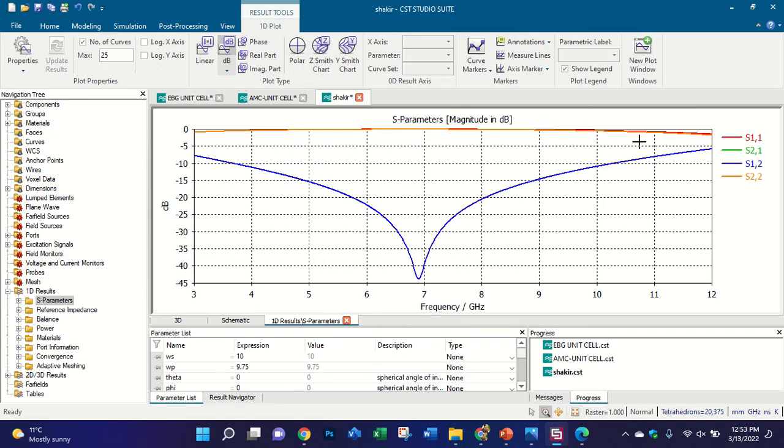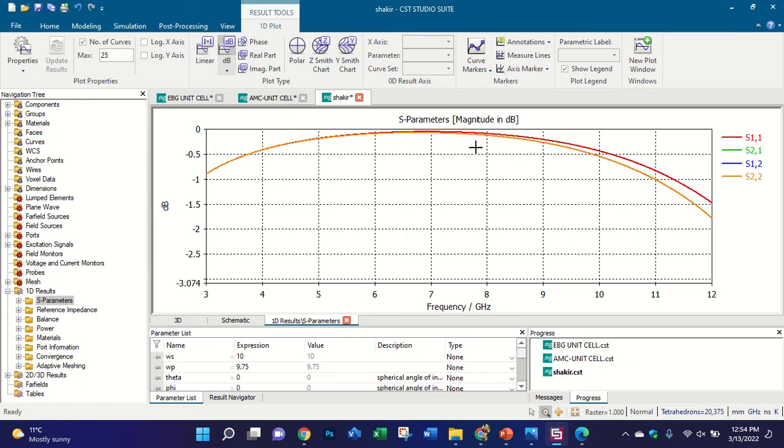In this case it is very close to 0, so you can say this unit cell works very well. Why do you get S21 less than minus 10 at 7 gigahertz? What's the explanation? Forget this frequency band, because this is a wide band, and here we do not check S21, we are only checking this one.